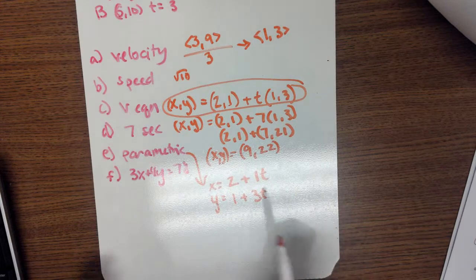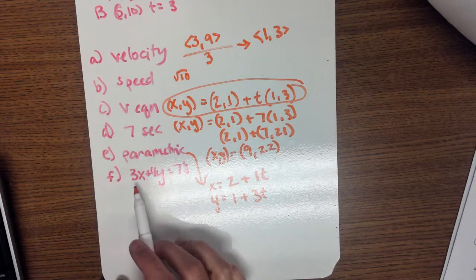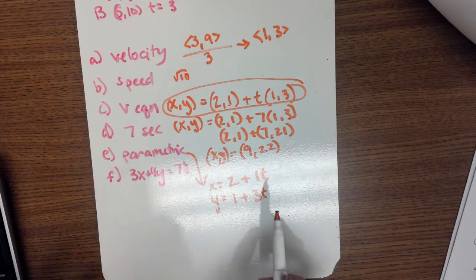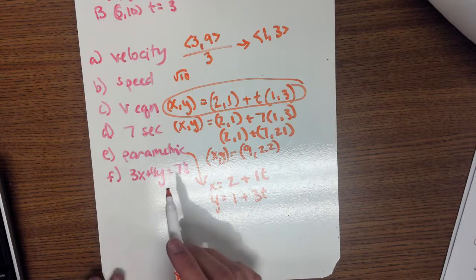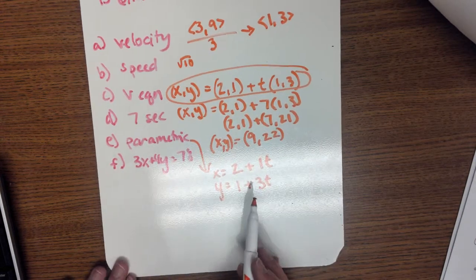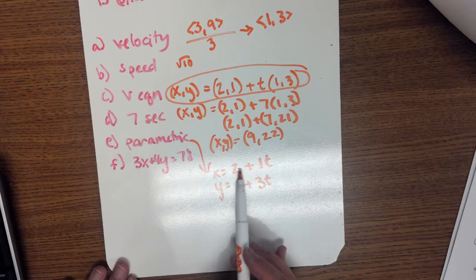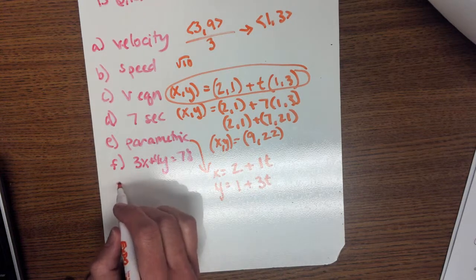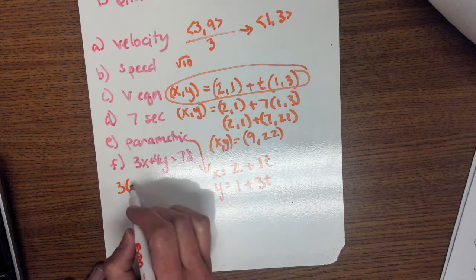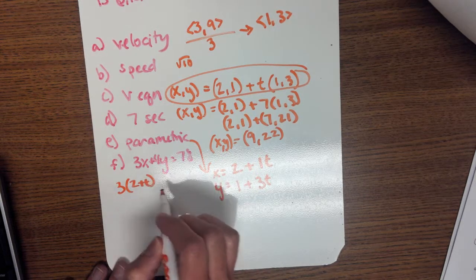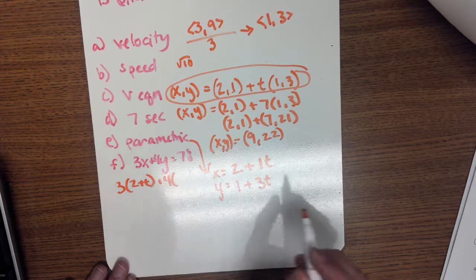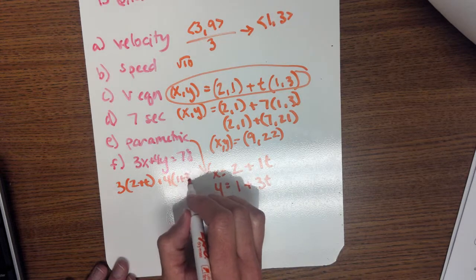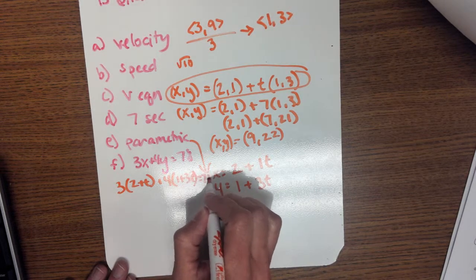And then the last part, this is just a made up line, 3x plus 4y equals 78, and we want to know when the particle will cross that line. Well, I know what x equals, and I know what y equals, so we're going to substitute those in. So we've got 3, and instead of x, I'm going to write 2 plus t, and then I've got 4, and instead of y, I'm going to write 1 plus 3t, and that's equal to 78.